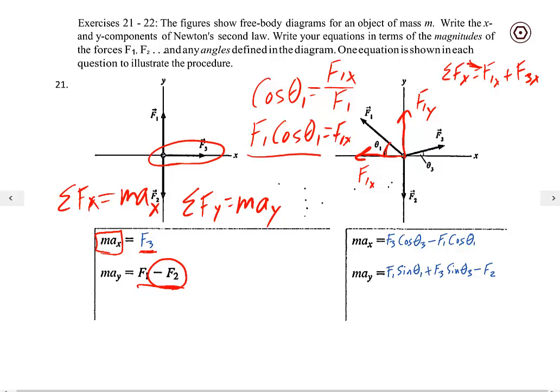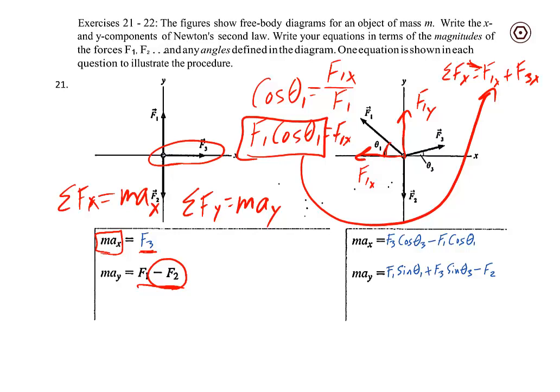So now instead of putting in F1x, I put in F1 cosine theta 1, and I make it negative because it's to the left. You're going to do the same thing with F3. Because the x component is adjacent to theta 3, it's going to be cosine.